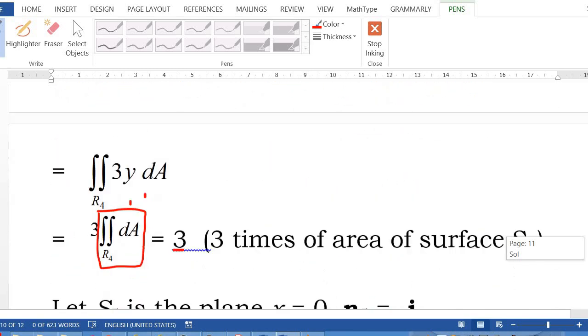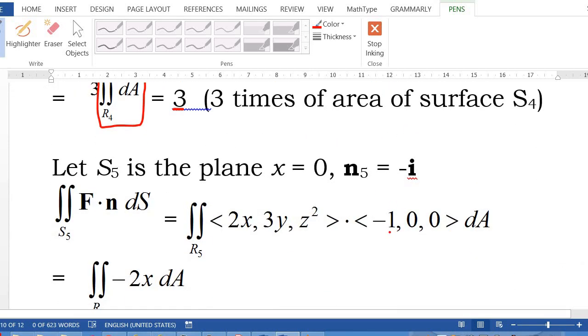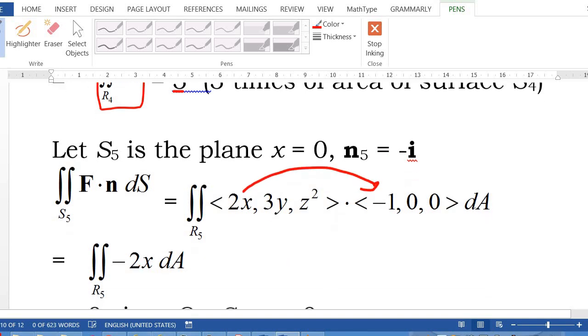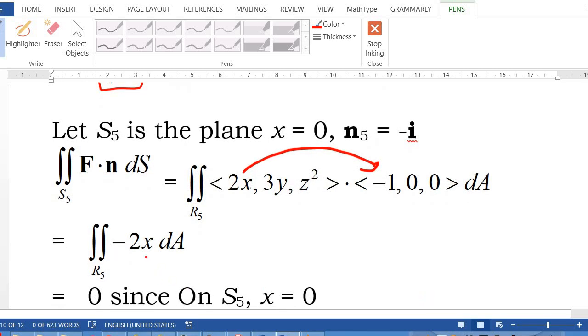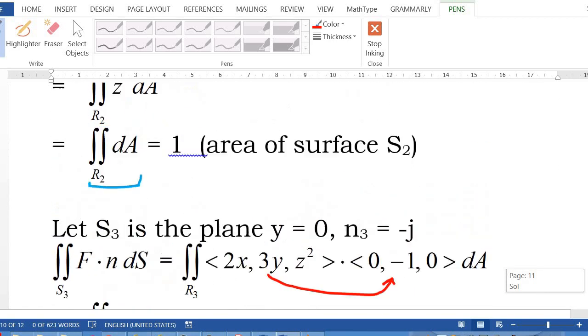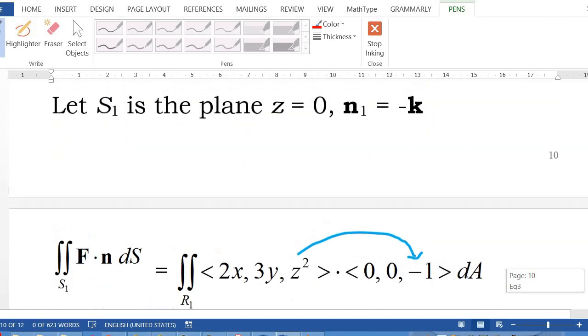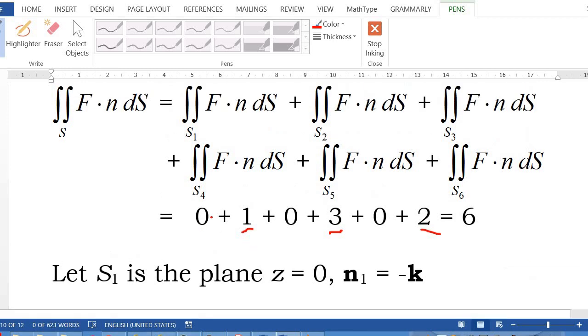For your S5, the unit normal vector is negative i, hence the dot product you get here is negative 2x. However, on S5 x is 0. That's why your flux integral is 0. So notice S1 is 0 because z is 0, S3 is 0 because y is 0, S5 is 0 because x is 0.